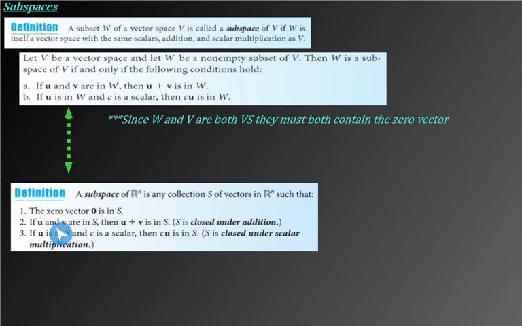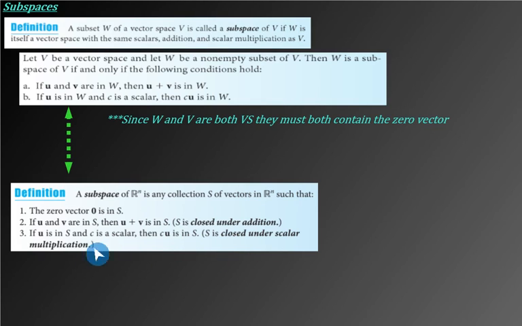So we saw the subspace of Rn way back in chapter 3, okay? And it was defined as any collection S of vectors in Rn such that there is a 0 vector in that set. And if U and V are in there, then the sum is too, so it's closed under addition. And if U is in S and C is a scalar, C times U is also in the set.